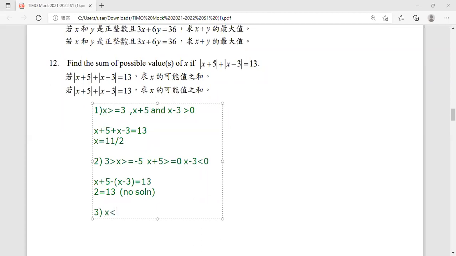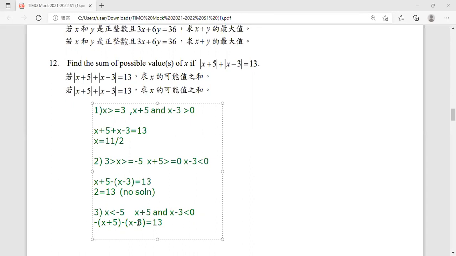And the last case will be x is more than negative 5. Then both of them are smaller than 0. Okay, and then I will have negative bracket x plus 5 minus bracket x plus 3 equal to 13. And then you solve the equation again, you will find what?